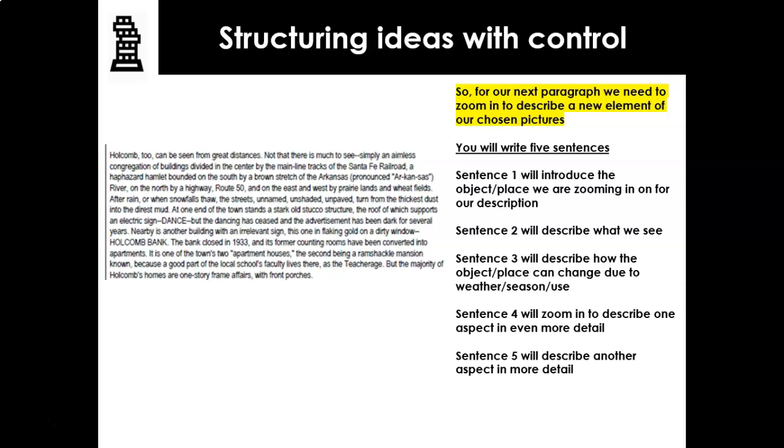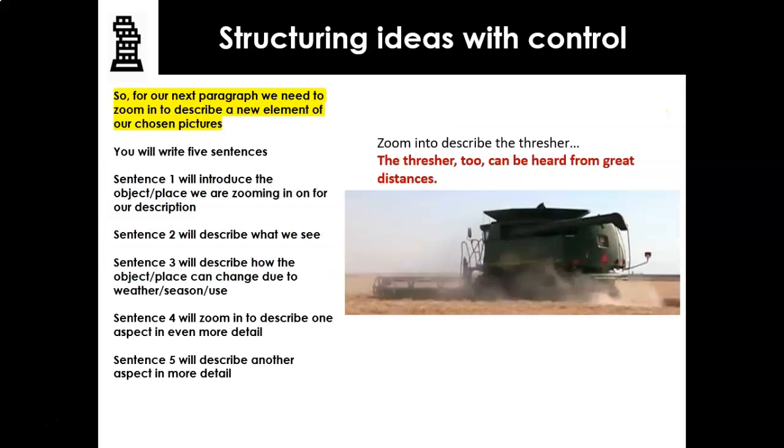We're going to write a 4th sentence where we describe one aspect in even more detail, and a 5th sentence where we describe another aspect of the object in more detail. Now, all of this will make more sense when I show you the objects we're zooming in on. Are you ready? We'll come back to that in a minute.